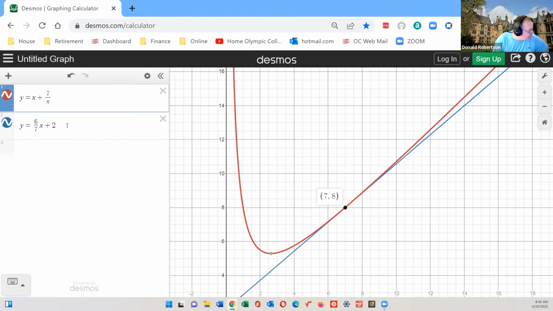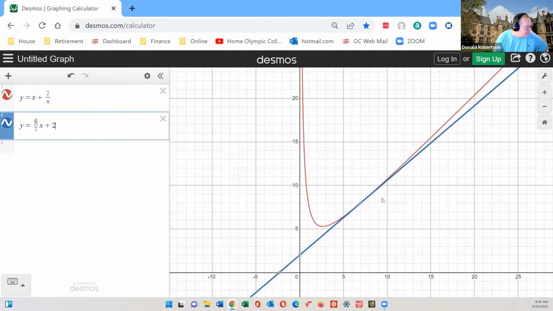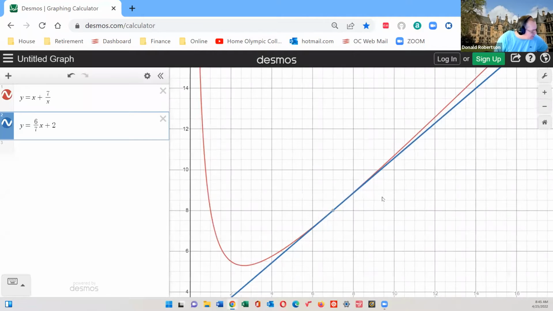Now, if you had put in the mistake, you see how that one doesn't make a tangent line? It's certainly not a tangent line at 7,8. So in a test, couldn't you use Desmos to check your answer? Draw the original, draw the tangent line. I'm convinced.